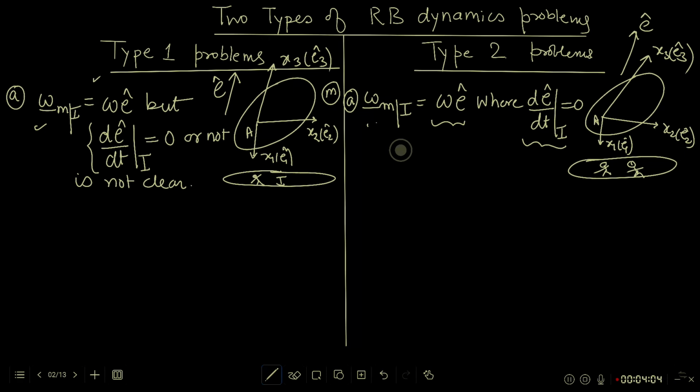Okay. Now, if omega mi is omega E hat, where dE hat/dt is 0, it also implies that whenever required to find the angular acceleration of the body with respect to I frame, that can be written as this, where omega dot means the scalar derivative, the derivative of the scalar omega.